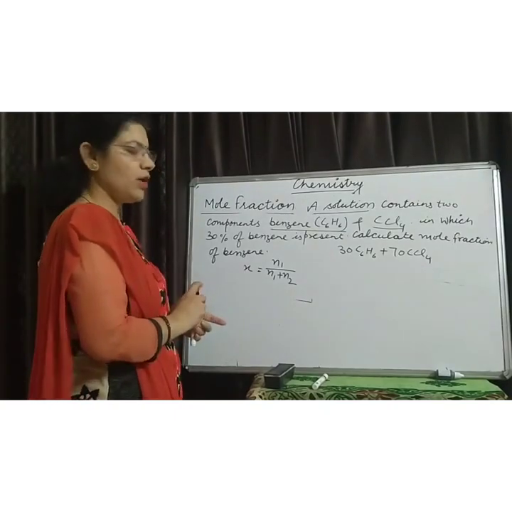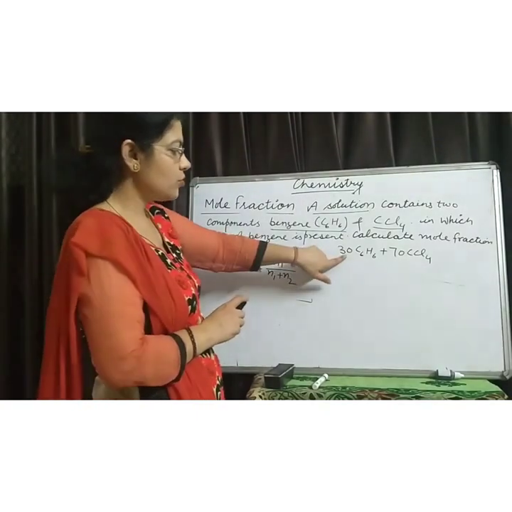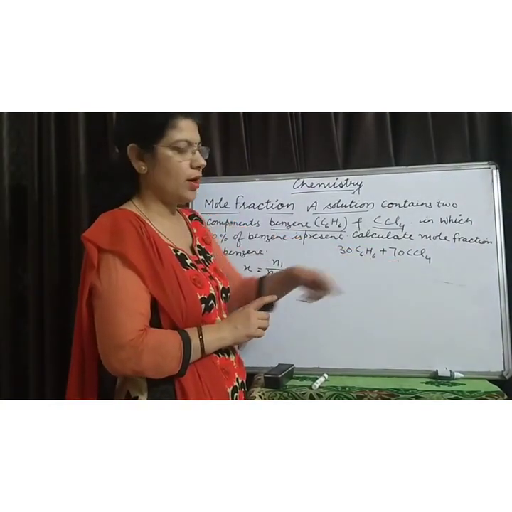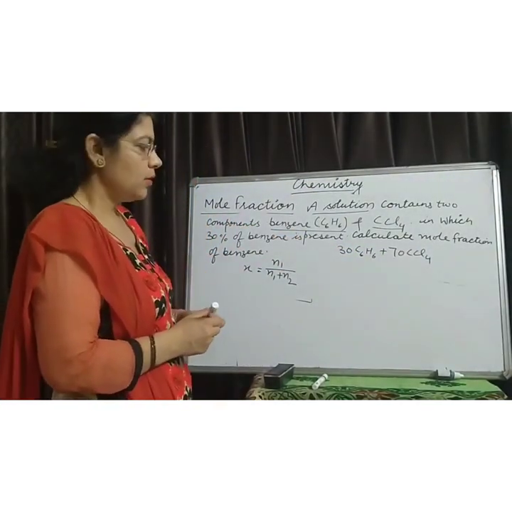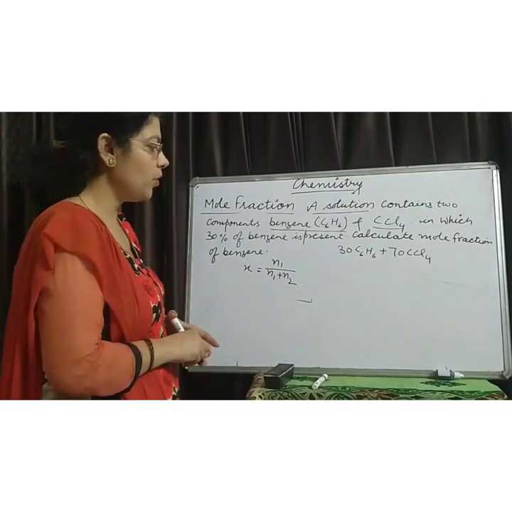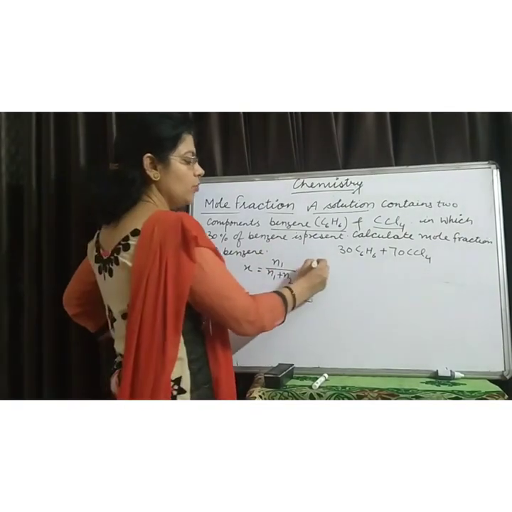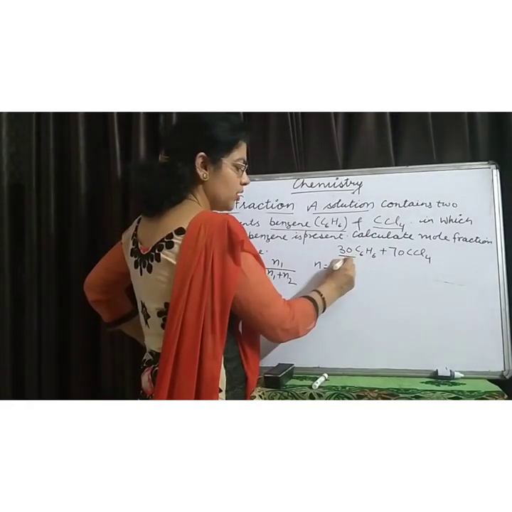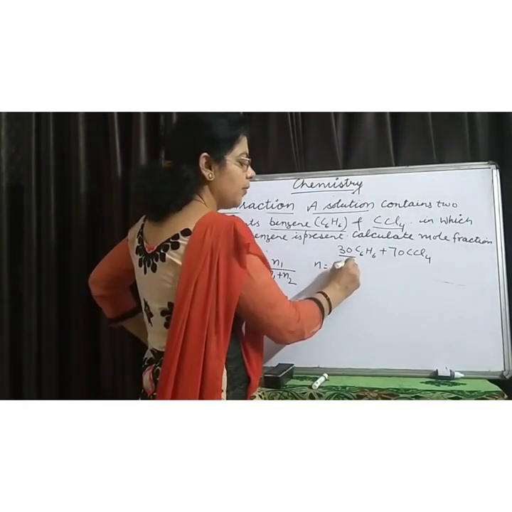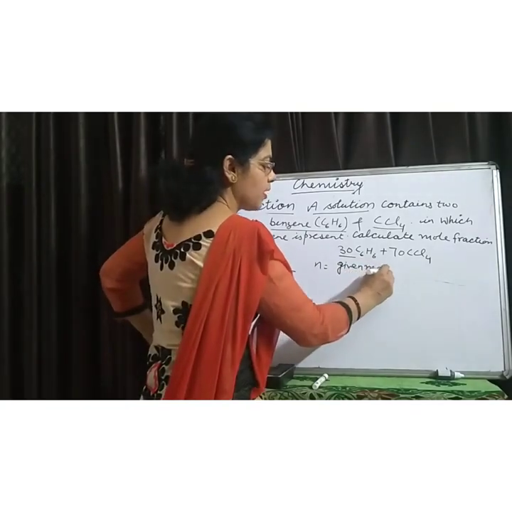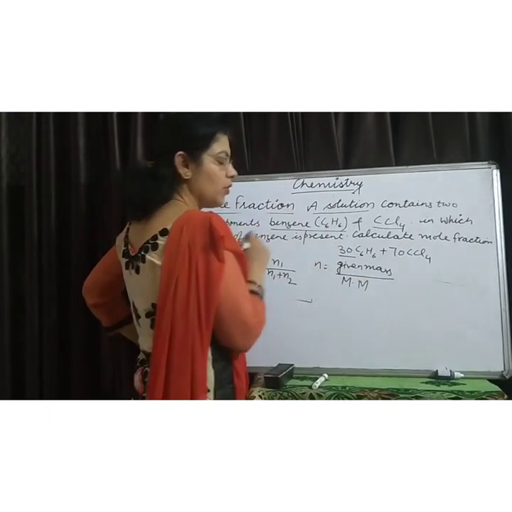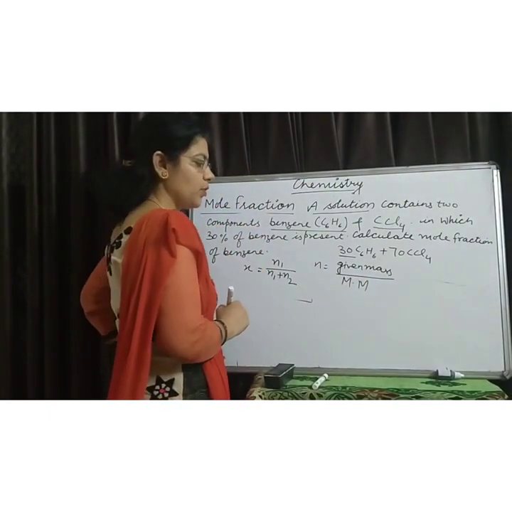So first of all, we have to find the number of moles of benzene as well as the number of moles of carbon tetrachloride. How do we find the number of moles? When you divide the given mass by its molecular mass, we find the number of moles of that component.